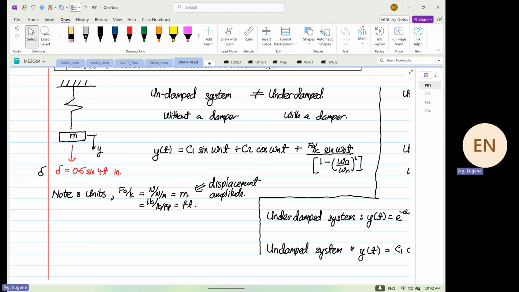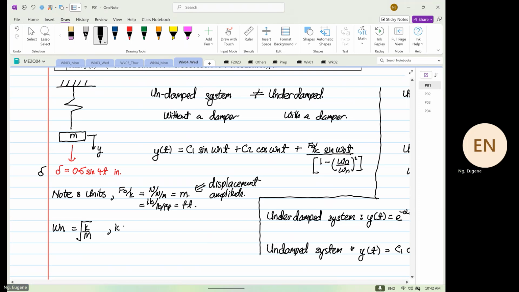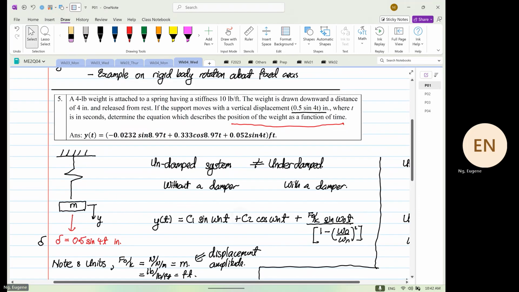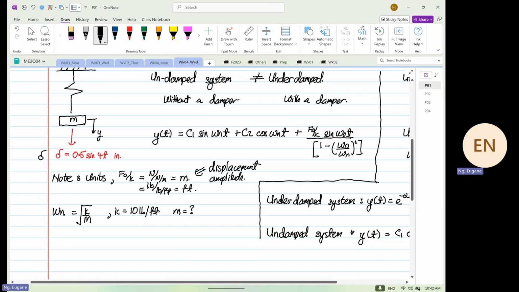The first thing we need to find is our omega n. Omega n is equal to square root k over m, right? And we know that k is equal to 10 pounds per feet. And m, we don't know what our mass is equal to.